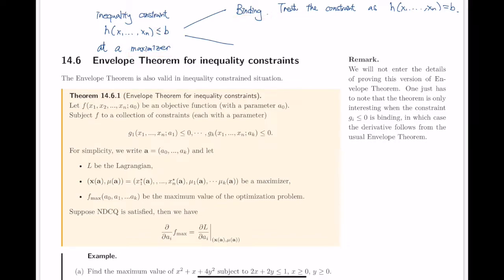How about when it's not binding? If it's not binding, last week we mentioned that when it's not binding, the corresponding Lagrange multiplier lambda equals 0. Therefore, the constraint will disappear from the Lagrangian.